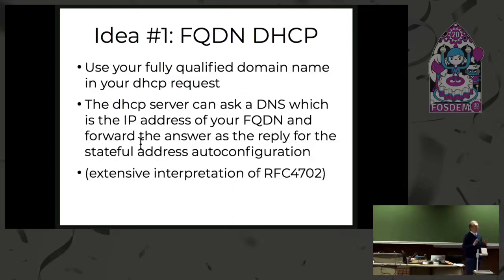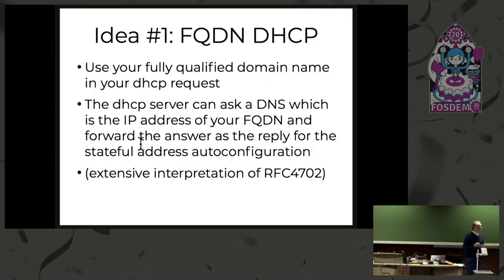So the DHCP is responsible for generating the IPv6 address, and then that fully qualified domain name is used to push the name-address pair to the DNS. We have extended the idea of this field, of this option.